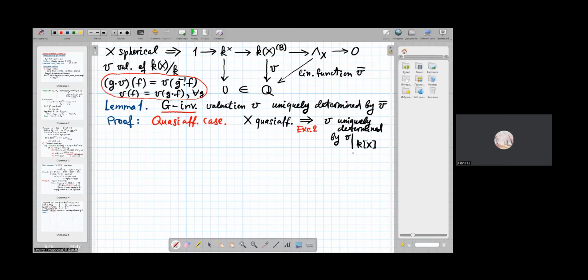So it suffices to consider the valuation on this algebra of regular functions.